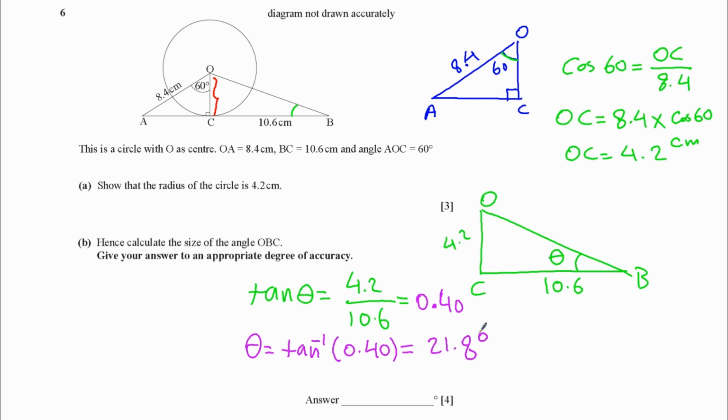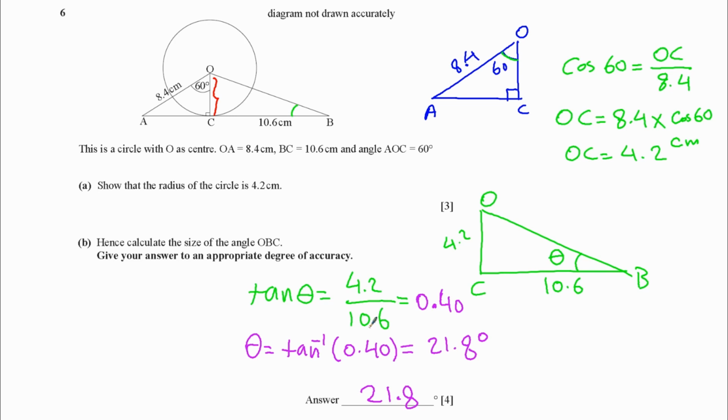If you write this answer, it would most likely be accepted. But a better way of solving this is, because by rounding the number we are reducing the accuracy of the answer, and in some cases it can affect the answer significantly. So rather than writing 0.40 for 4.2 divided by 10.6, I can keep 4.2 divided by 10.6 as it is.